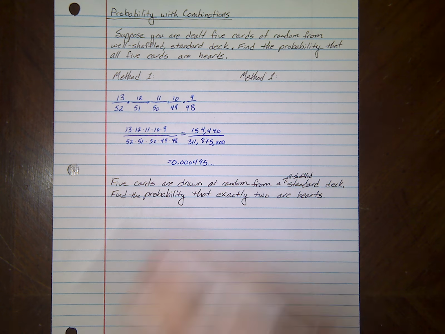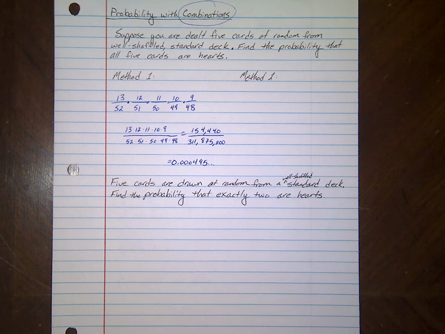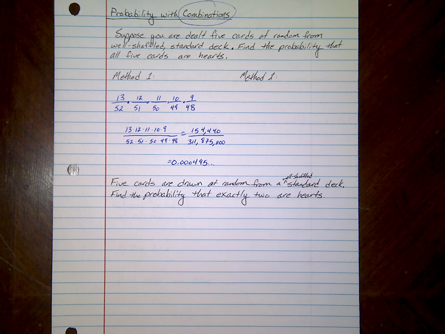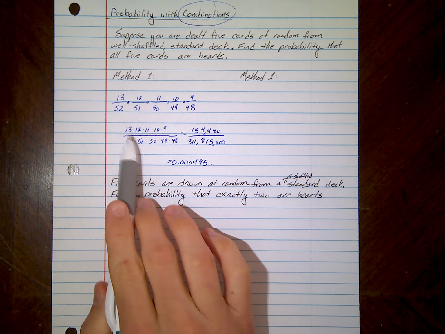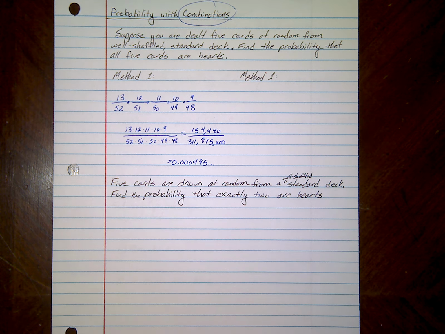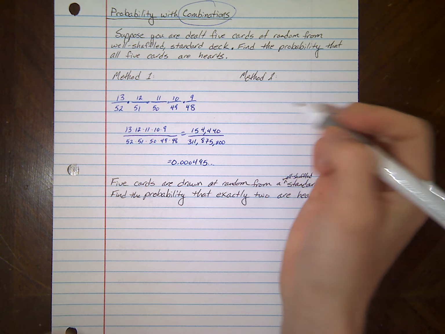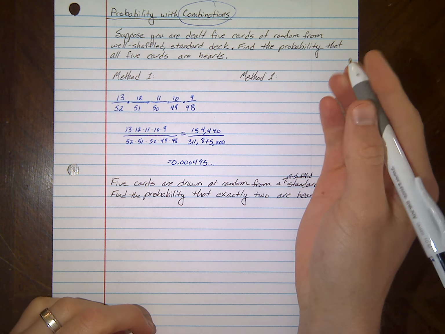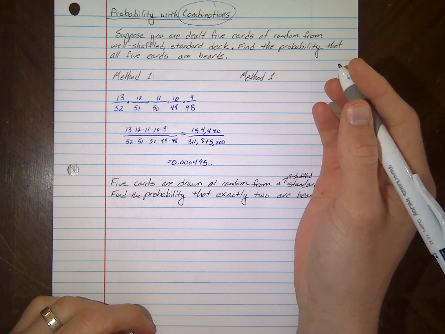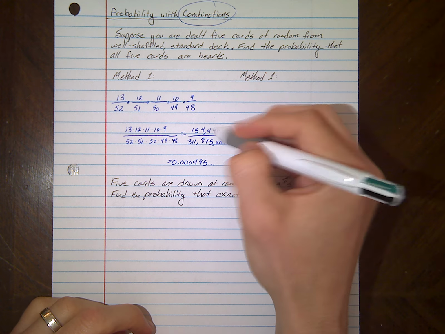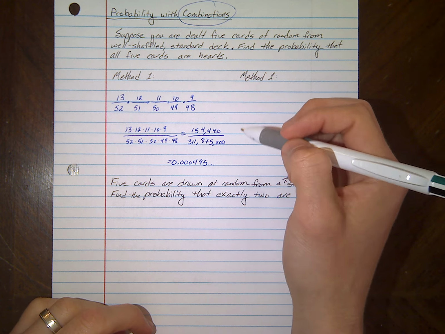So if we use a combination, it actually makes the problem simpler. Think of just the hearts. Obviously over here we had 13, 12, 11, 10, 9. But remember, it's a combination. Order doesn't matter, so we can eliminate a lot of this extra stuff by using a combination.